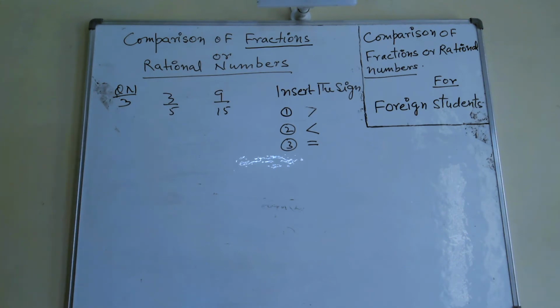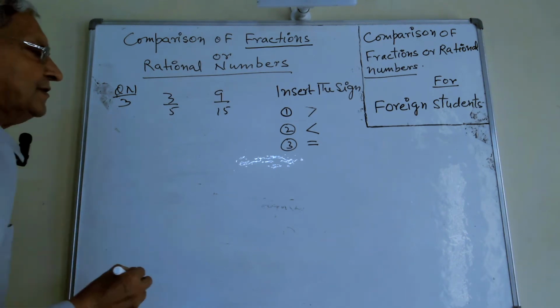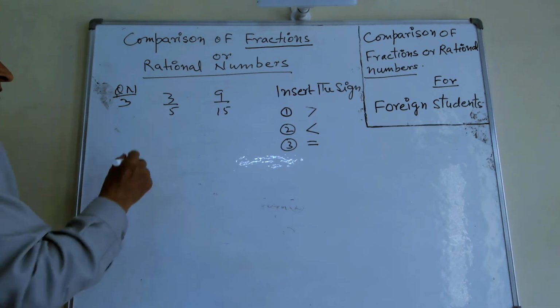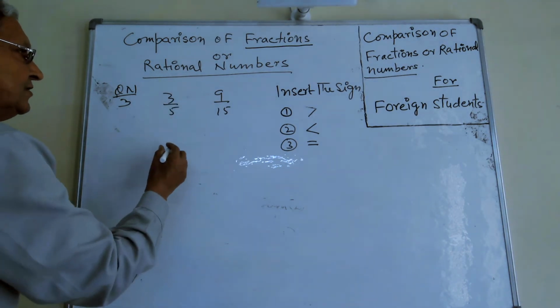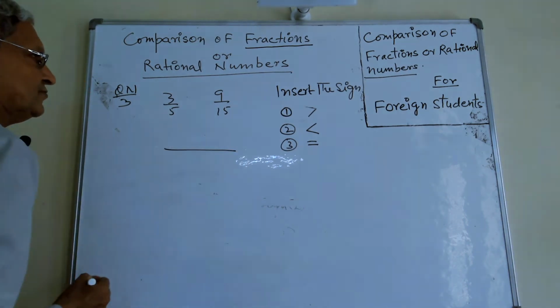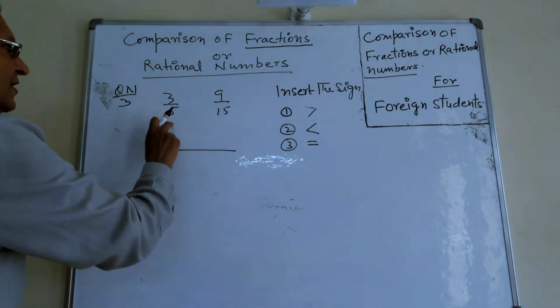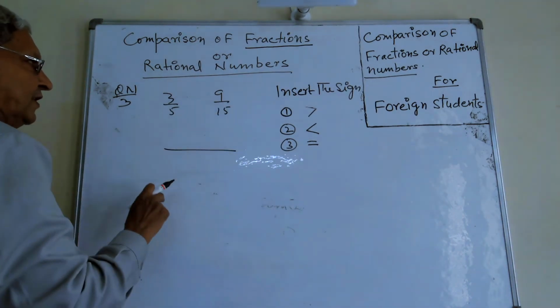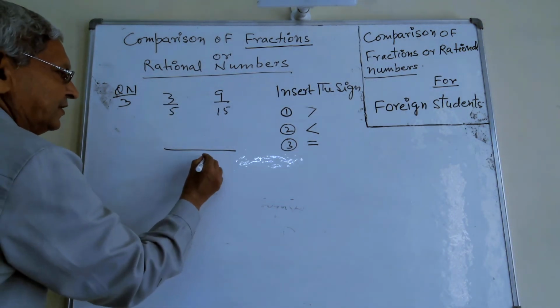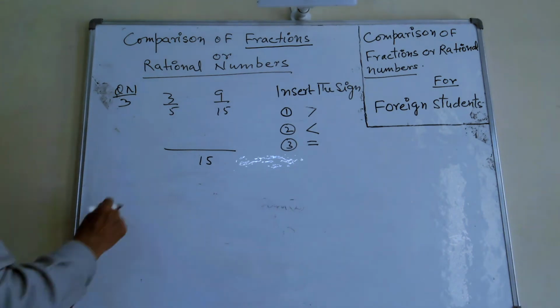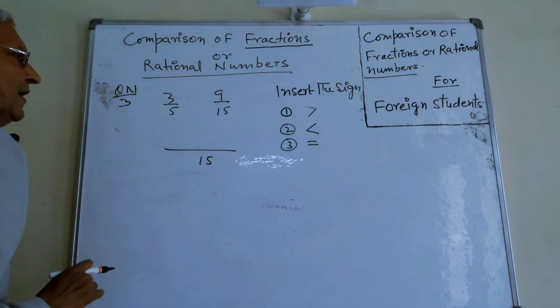We have to check which sign is applicable to these fractions. Now take the LCM. My dear students, here you see the denominators are 5 and 15. So the LCM of 5 and 15 is 15, because 15 can be divided by 5.